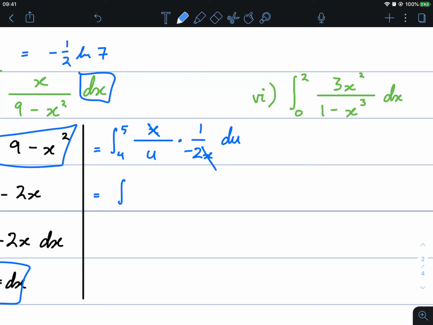okay, I'm going to skip a few steps. I'm going to factor out the negative half on the outside, so negative half on the outside, 4 to 5 of 1 on u du.